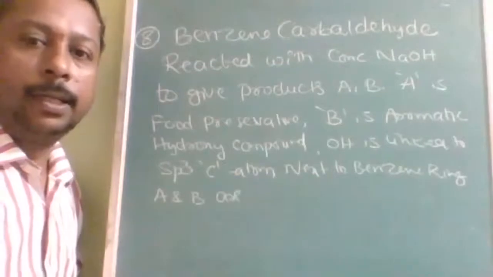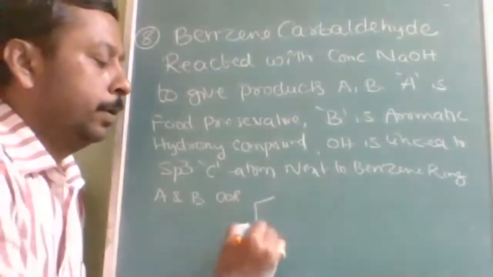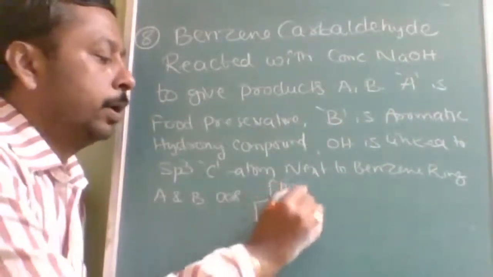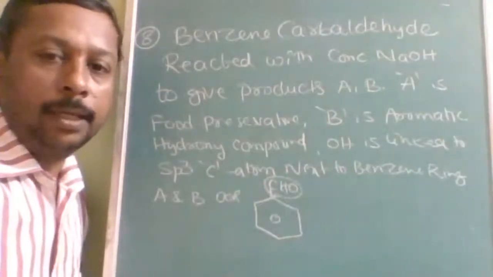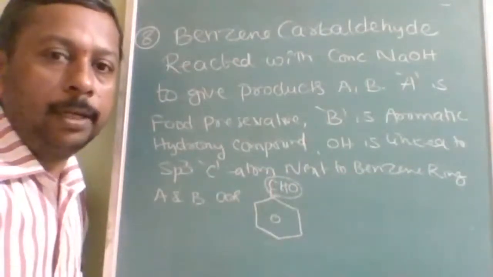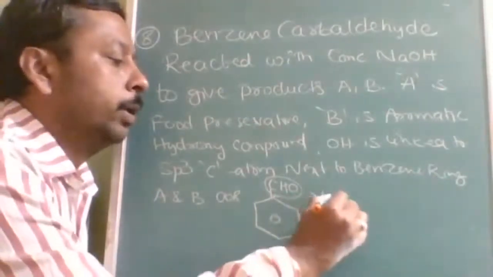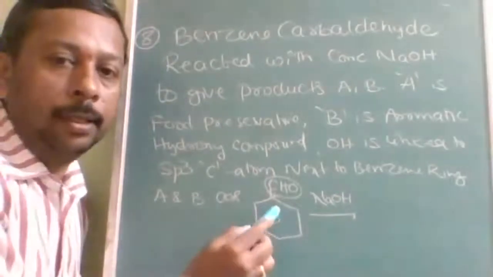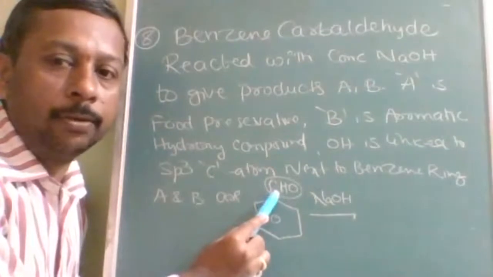Okay, see, benzene carbaldehyde. What is benzene carbaldehyde? When you are not able to write the aldehyde into the main chain, then you will write it as a carbaldehyde. Benzene carbaldehyde when treated with NaOH, this is called the Cannizzaro reaction. Cannizzaro reaction is applicable for aldehydes without alpha hydrogen.